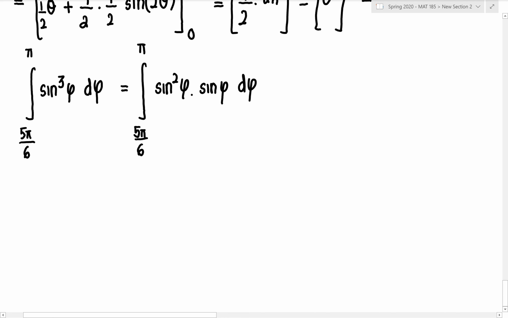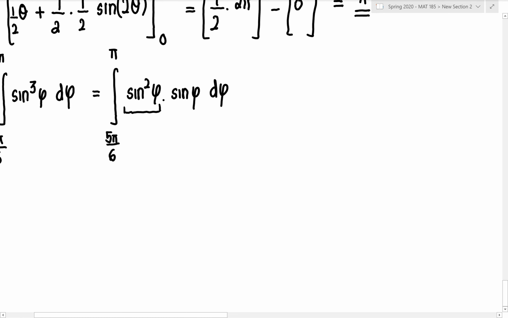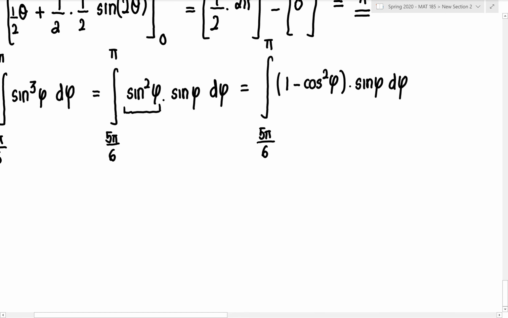But why am I doing that? Next, I'm going to take my sine squared of phi and write it in terms of cosine. So I get the integral from 5 pi over 6 to pi of (1 minus cosine squared of phi) sine of phi d phi, since sine squared of phi is 1 minus cosine squared of phi.